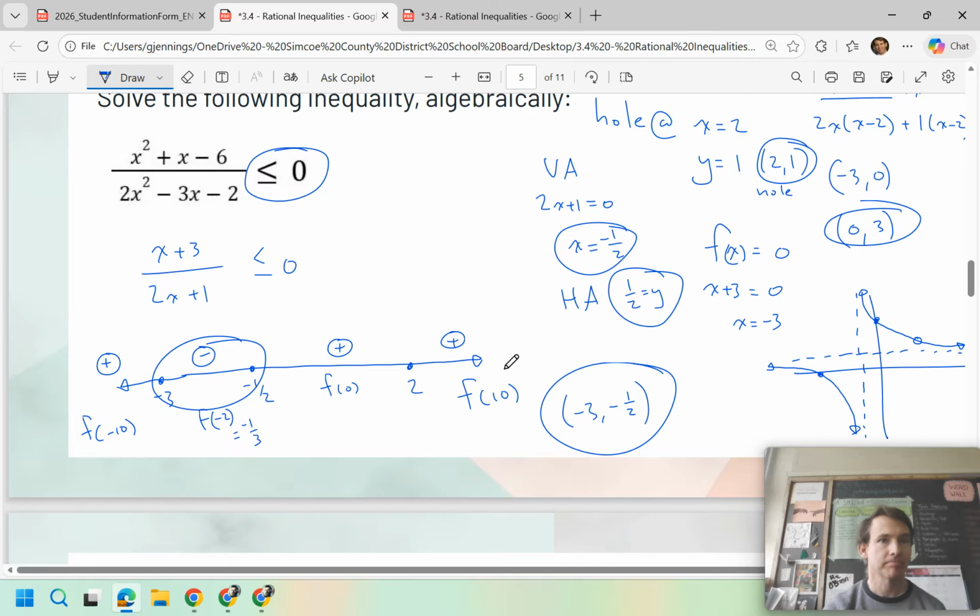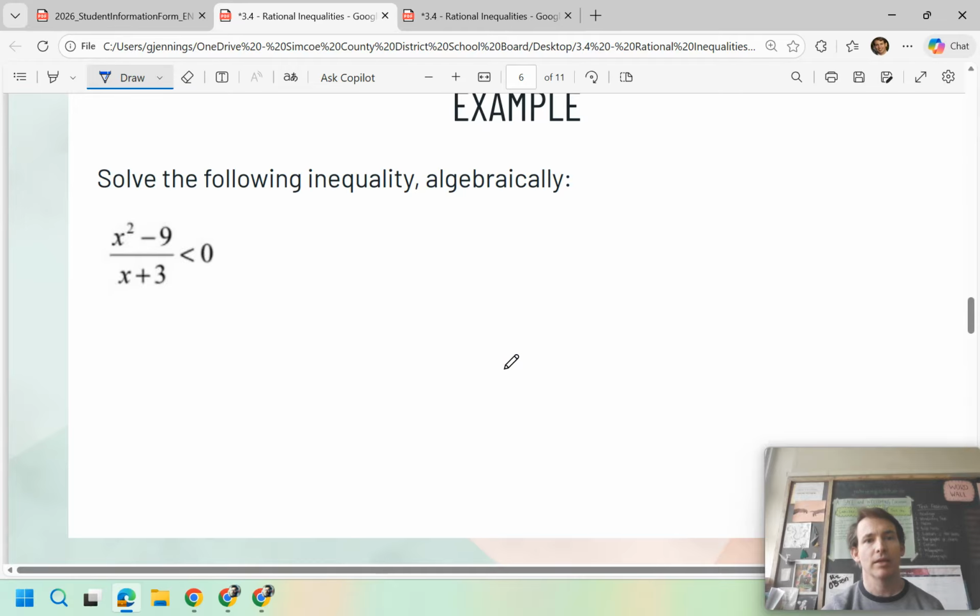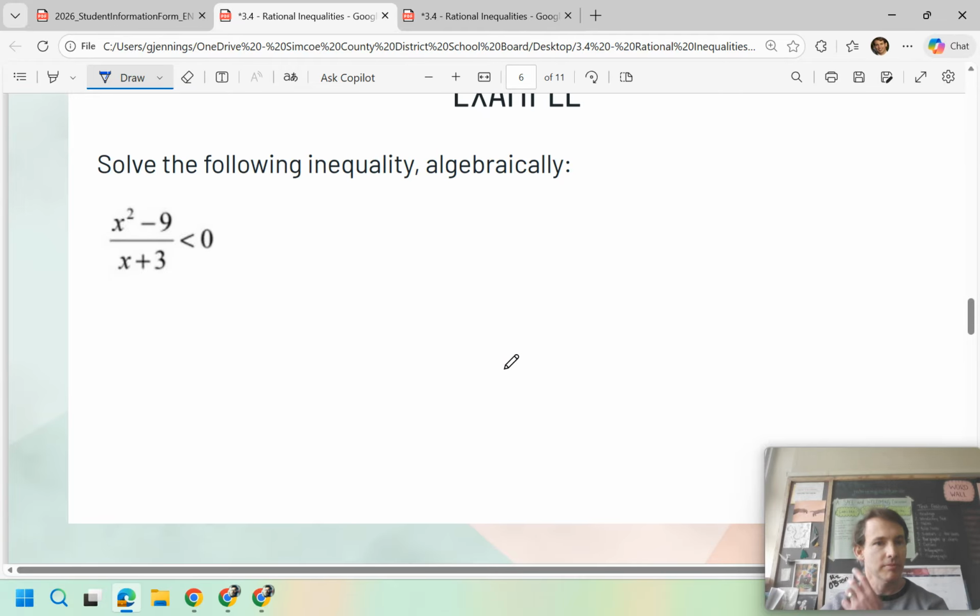Keep going. This one's pretty straightforward too. I see that I can factor the top as a difference of squares, so that's x minus 3 times x plus 3 on the top, divided by x plus 3 on the bottom. That's all less than 0. This would cancel and give me a hole at minus 3.